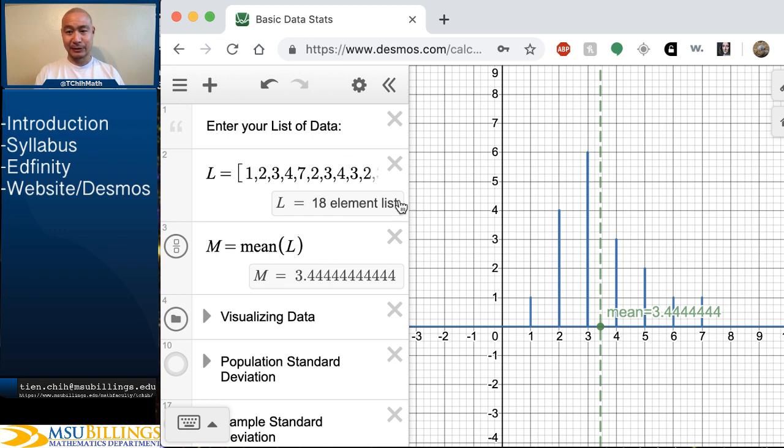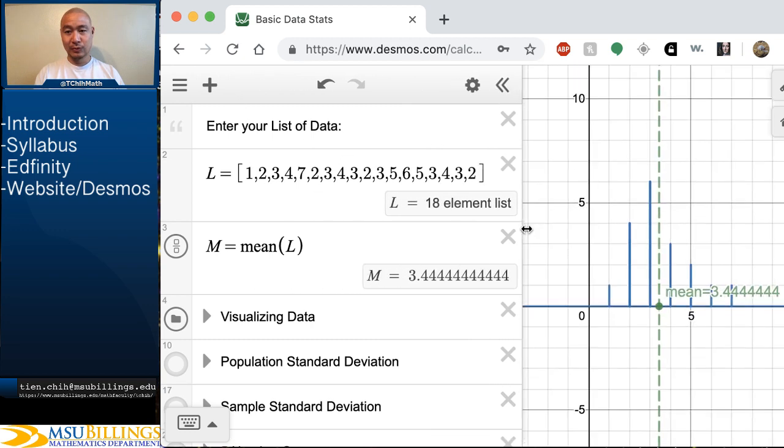So in this case, I would take 1 and 3.444, take that difference, square it, add them all up, and divide that by 18, and that gives me what's called the variance of the spread of data, and the square root of that variance is the standard deviation.